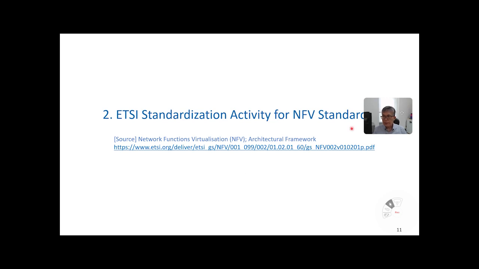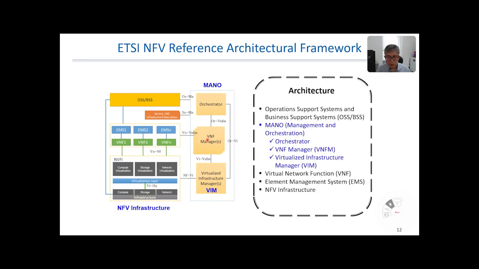Okay, let's move on. The second topic is ETSI standardization activity for NFV standards. You can click this link and then you can see the ETSI standardization document, the NFV architectural framework. The left-hand side shows the NFV reference architectural framework.